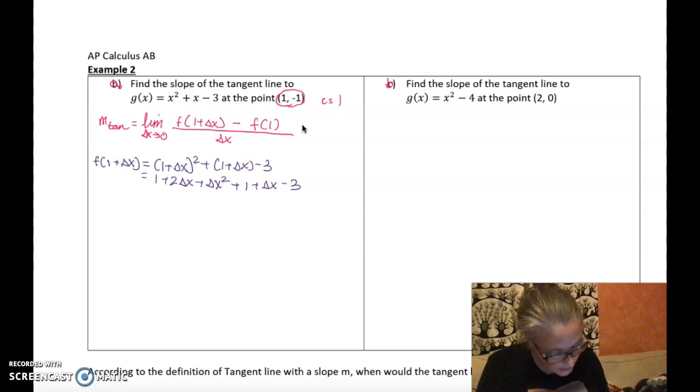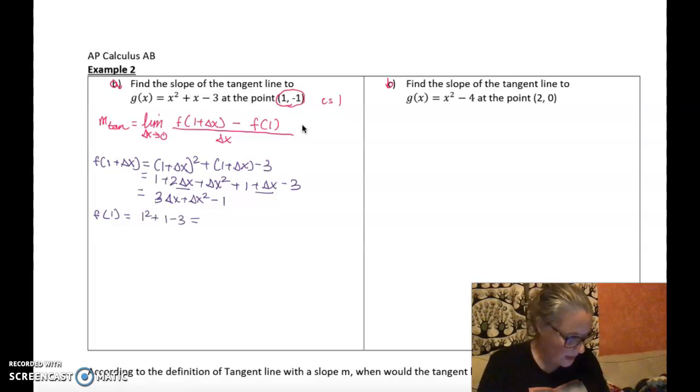I could then combine some of the terms. So the 1s, and the -3, and there's delta x's here as well. We get 3 delta x plus delta x squared minus 1, it seems like. And f of 1 is going to equal 1 squared plus 1 minus 3, which is equal to -1.